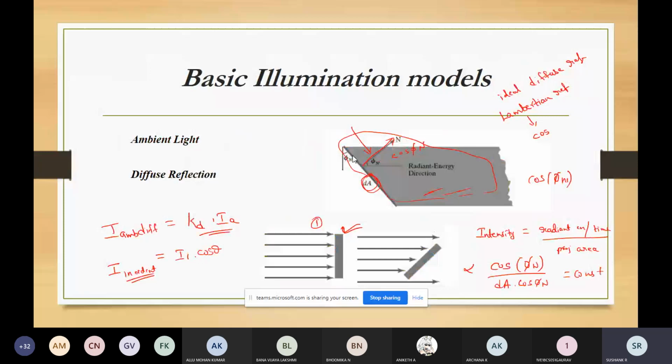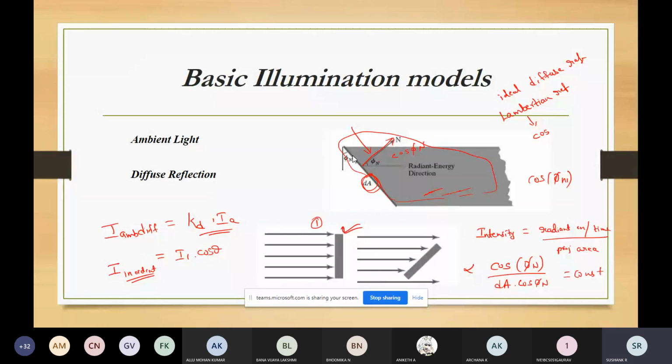So this is regarding the diffuse reflection. What we did: we started with Lambert's cosine law. From that, we calculated the intensity, which is given by the radiation emitted per unit time divided by the projection area, which was nothing but cos phi, the angle between the surface normal and the light.